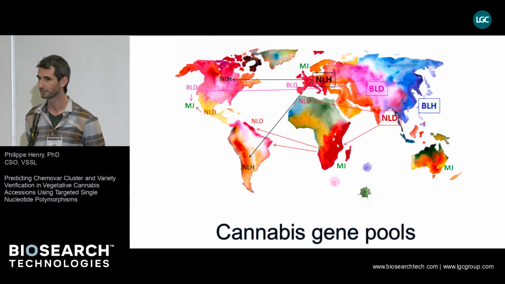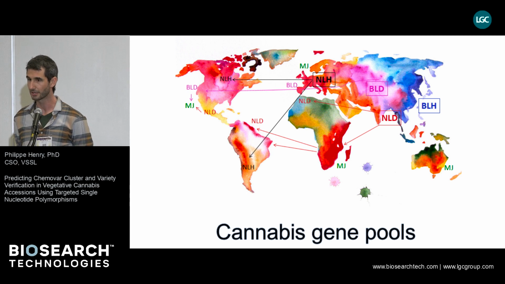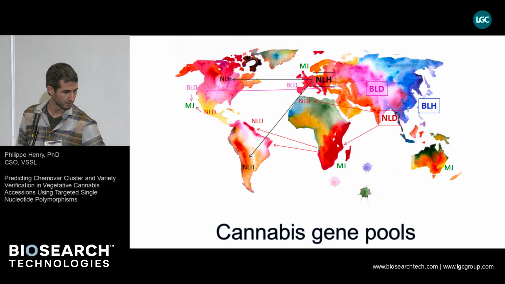More recently, we've seen a strong push for less psychoactive varieties that express CBD as opposed to THC, and those are most likely caused by introgression of the CBD acid synthase gene from European hemp into a drug type cultivar, kind of as we saw with the talk from Robert, where we're trying to introgress something from a wild species into a more commercial type species.